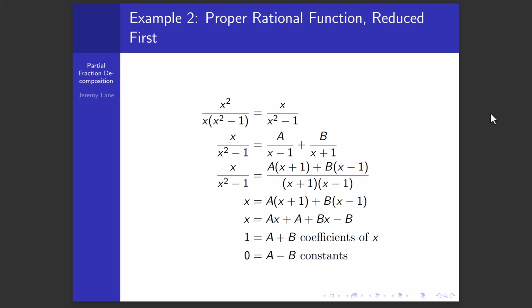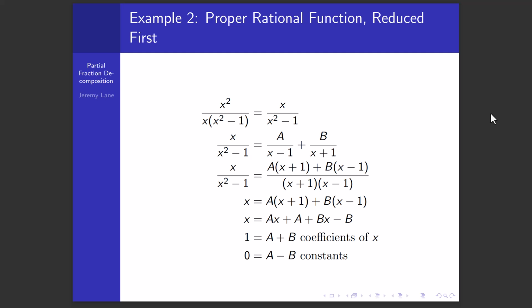We can divide out x from both the numerator and denominator of this, and this will reduce the fraction down to simply x divided by x squared minus 1. We know that x squared minus 1 is the difference of squares, so we may rewrite that as x minus 1 times x plus 1. We use each of those distinct linear factors as denominators for our template for partial fractions.